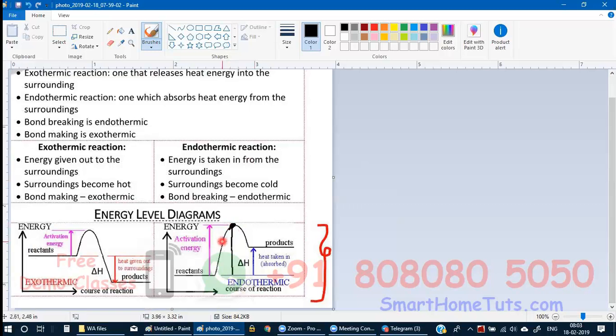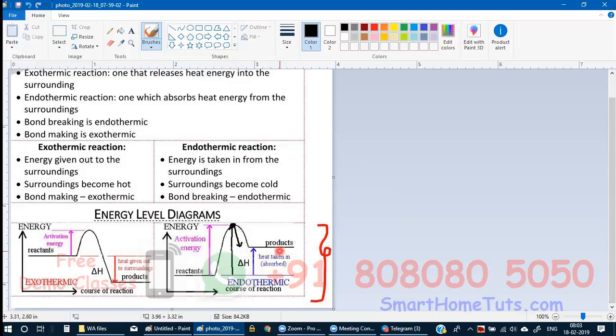This is the activation energy. And then this is the energy that is required to break the bonds. Okay. And then energy released will be from here to here. That is energy released when the products are formed, because this is bond formation.